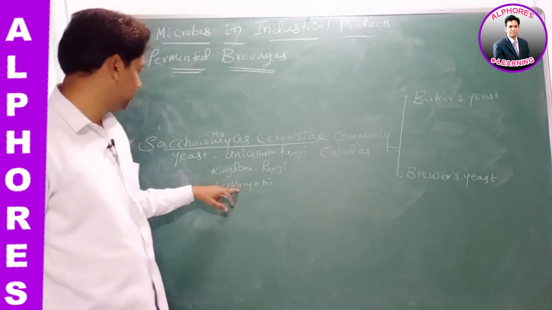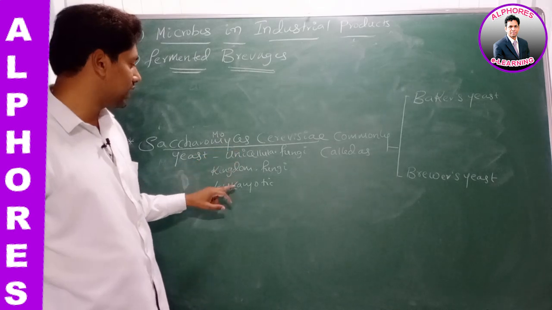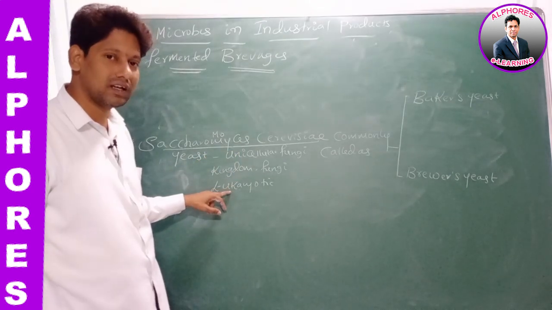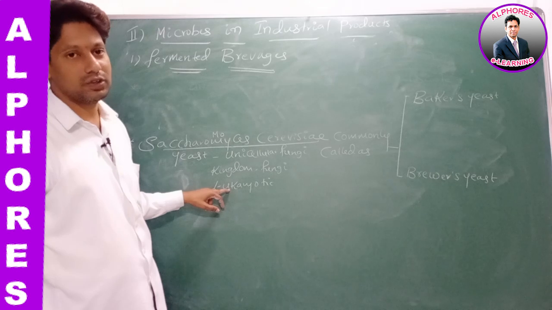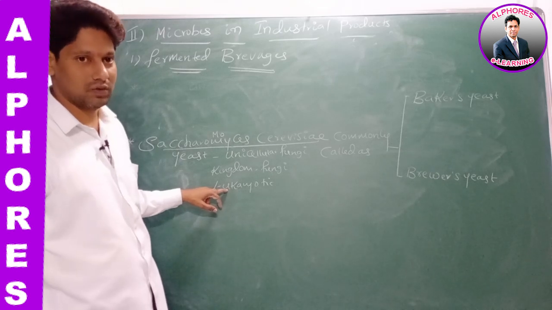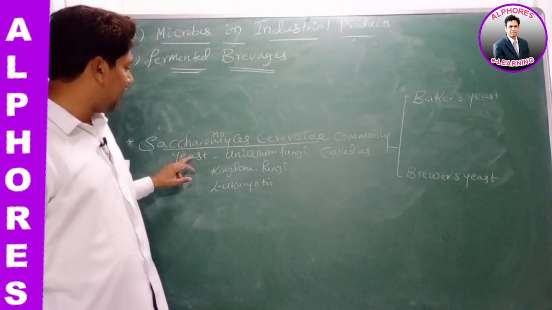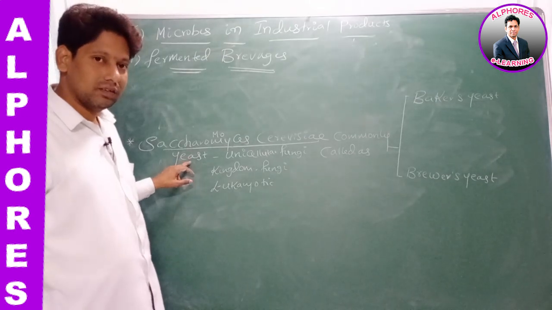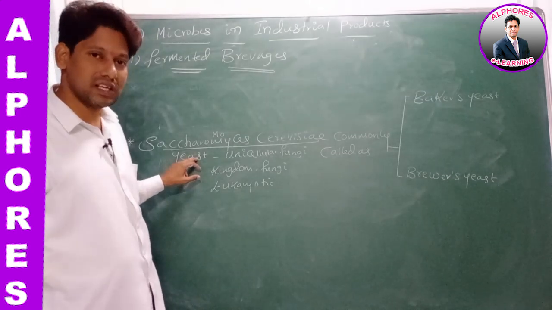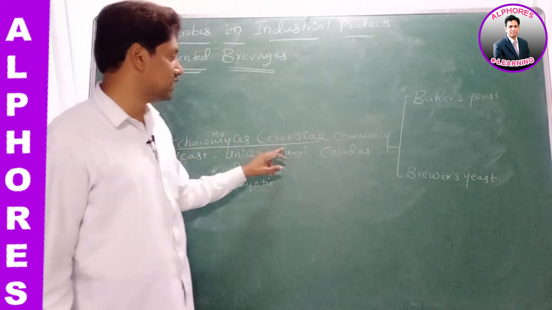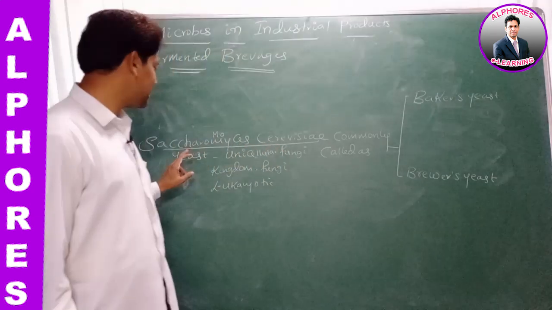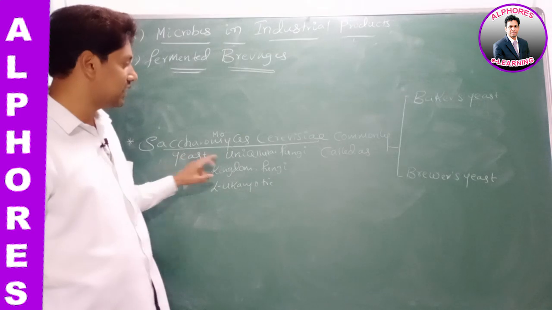Strictly speaking, a unicellular eukaryotic organism should come under kingdom Protista according to the 5 kingdom classification. But this yeast's life cycle is similar to the life cycle of fungi, so we place it under kingdom Fungi.